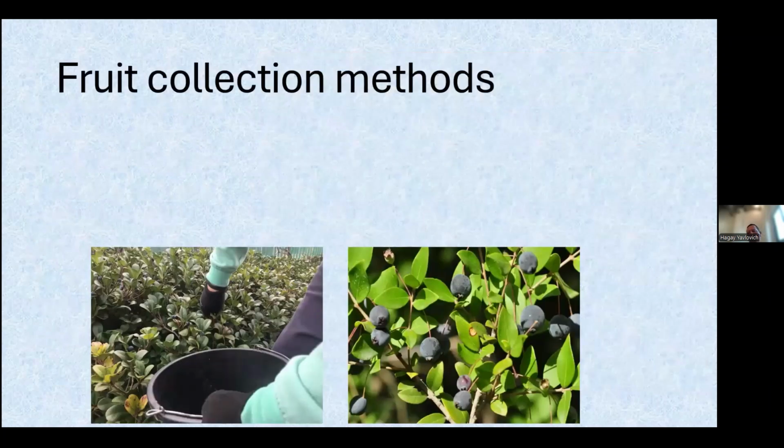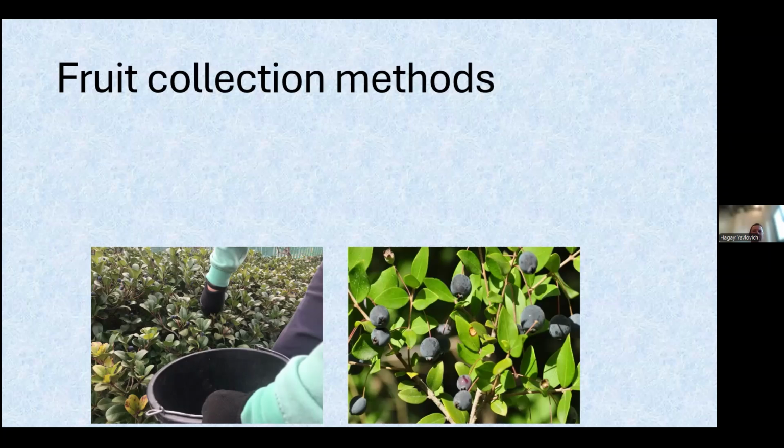Okay, so let's go back and continue with the fruit collection method. So how exactly do we collect the fruit in the area? We try to do it in the simplest way we can.